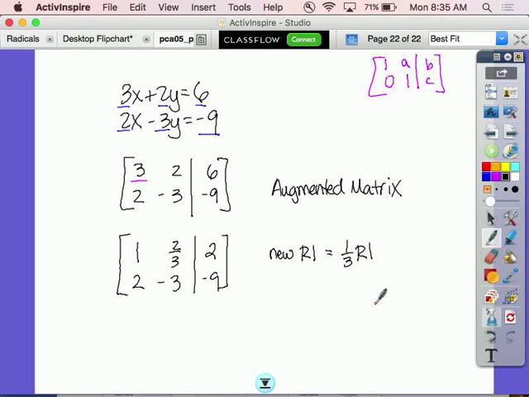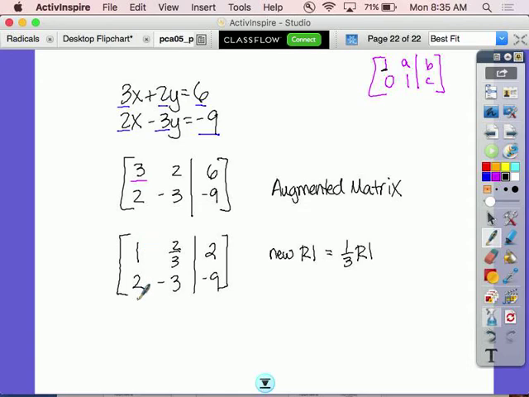All right, so now I've done step 1. I have a 1 in the first place, row 1, column 1. Now I want to move to the 0. You do this one, then you move to the 0. So I want to make this a 0. I can do that by multiplying the top row by negative 2 and adding them together.